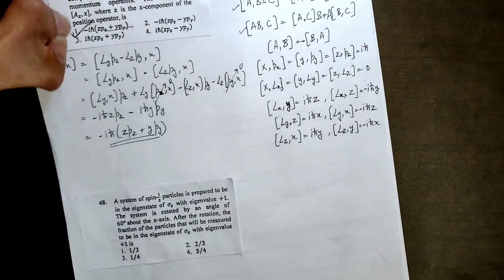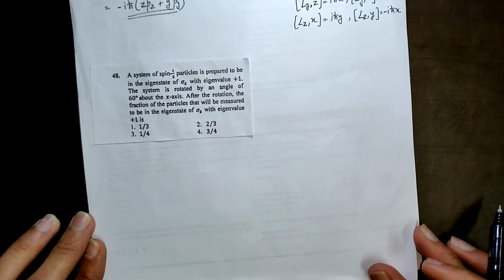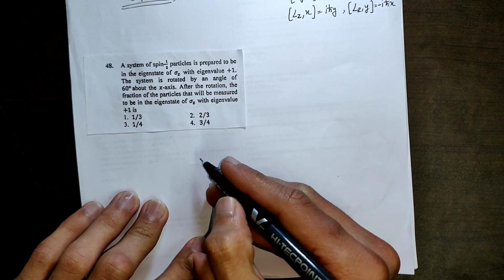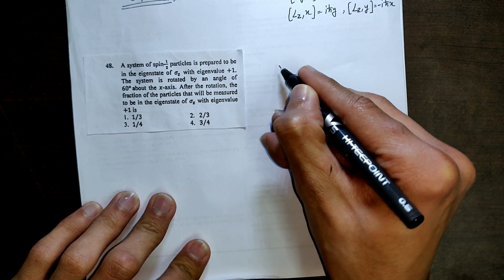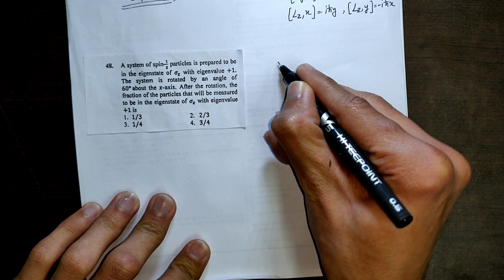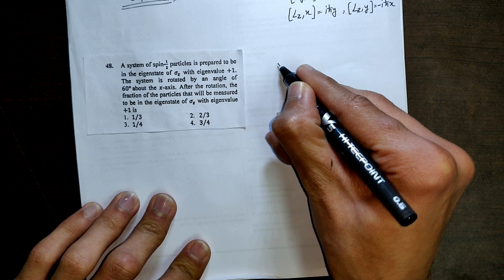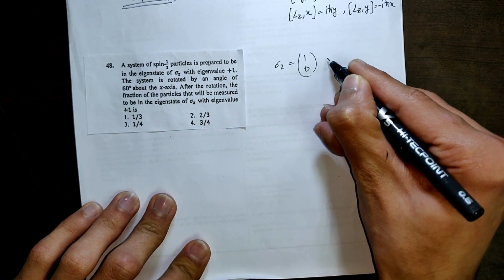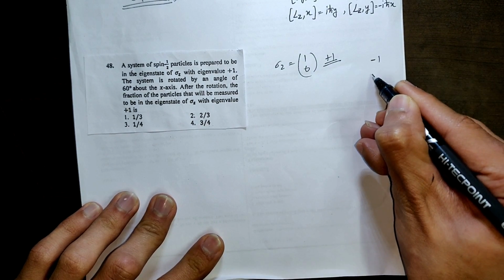Now let's come to the next question. A system of spin half particles is prepared to be in the eigenstate of sigma z with eigenvalue +1. So we know that for the eigenstate of sigma z, it is 1 0 for the eigenvalue +1, and for eigenvalue -1 it is 0 1.